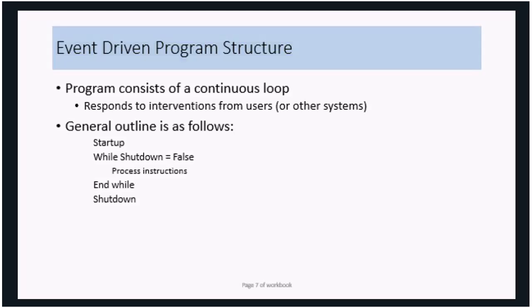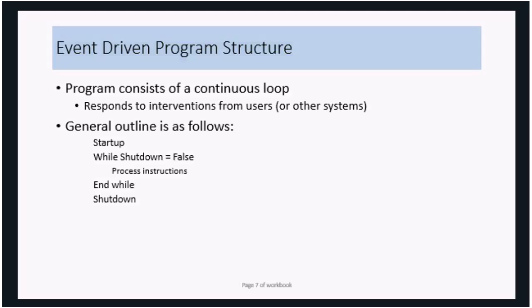You'll remember from the introduction that event-driven programming is all about a continuous loop that responds to interventions from users. The interventions might in some cases come from other systems or from sensors, but in our case they come from users.